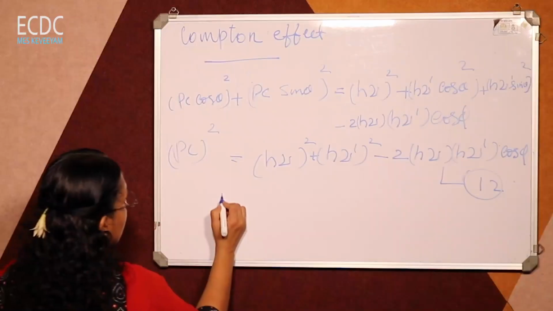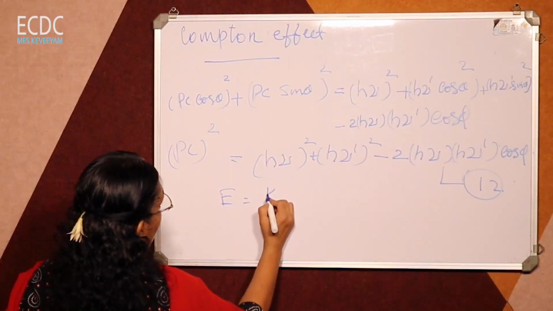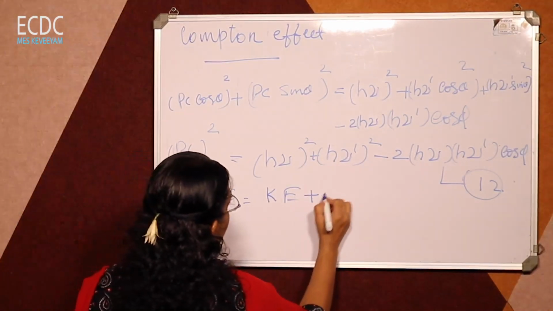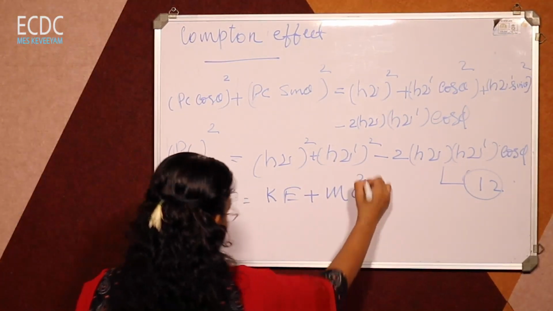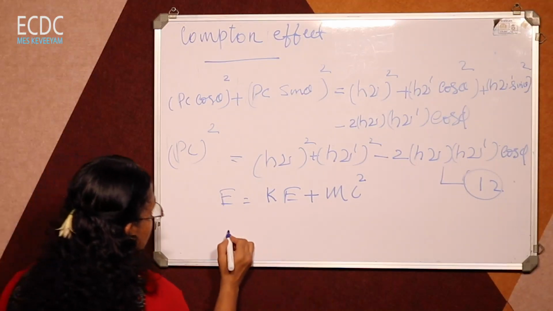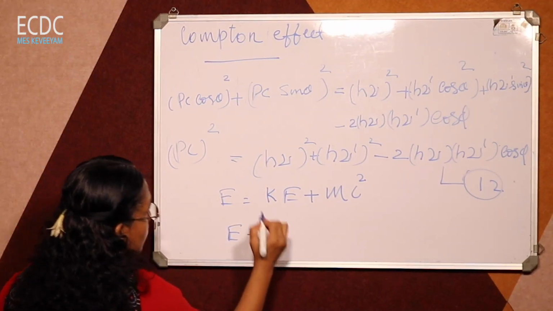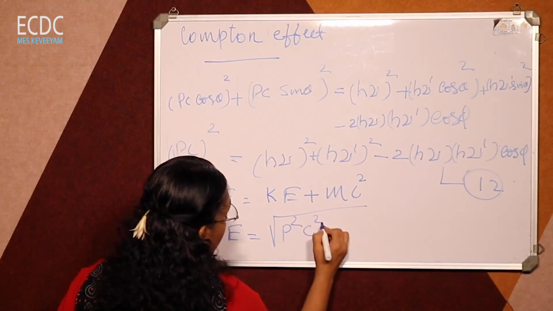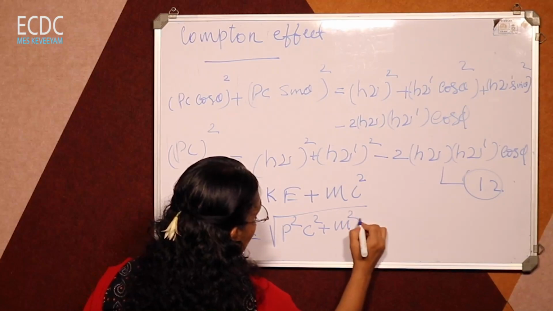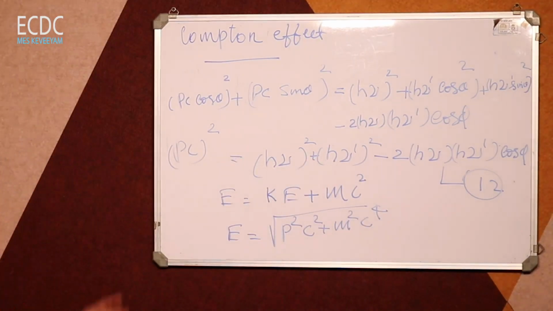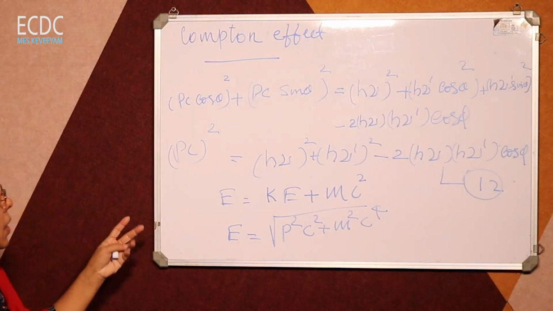So we can take E is equal to kinetic energy plus mc squared, where mc squared is the rest energy. Again, the relativistic expression is equal to square root of p squared c squared plus m squared c raised to 4. So these are the two expressions for energy in relativistic mechanics.